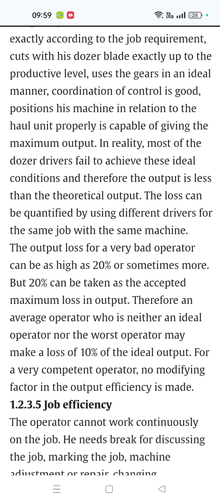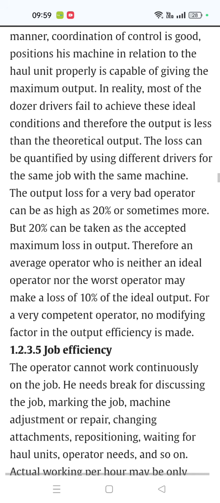The loss can be quantified by using different drivers for the same job with the same machine. The output loss for a very bad operator can be as high as 20% or sometimes more, but 20% can be taken as the accepted maximum loss in output.